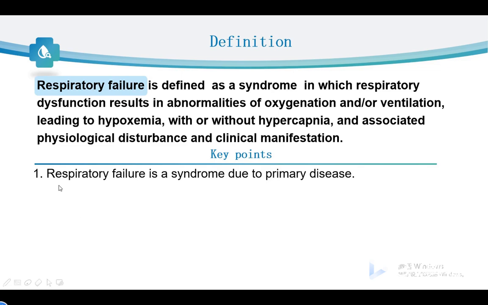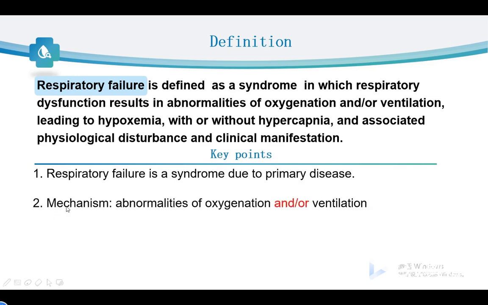Firstly, respiratory failure is a syndrome due to the primary disease. The mechanism of respiratory failure is about the abnormalities of oxygenation and or ventilation. The abnormality of oxygenation usually results in type 1 respiratory failure. And the abnormality of ventilation usually results in type 2 respiratory failure.